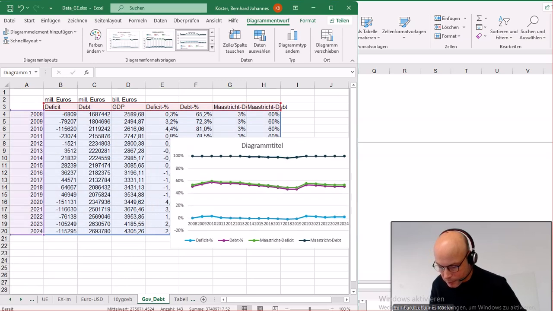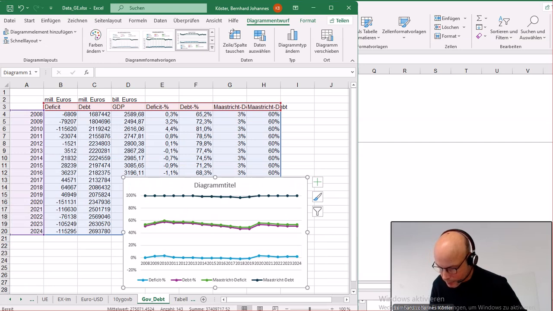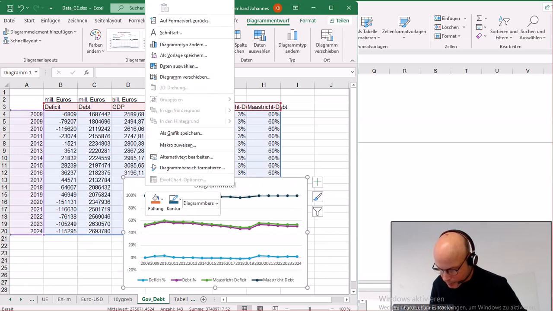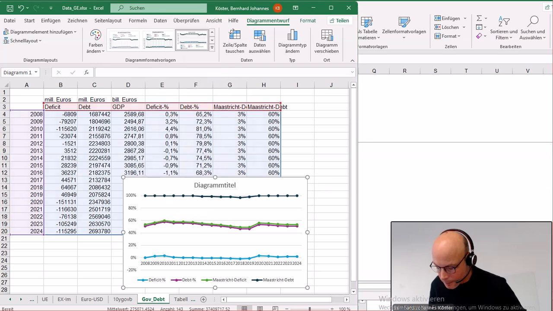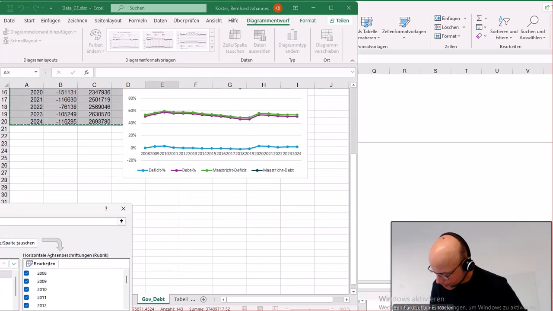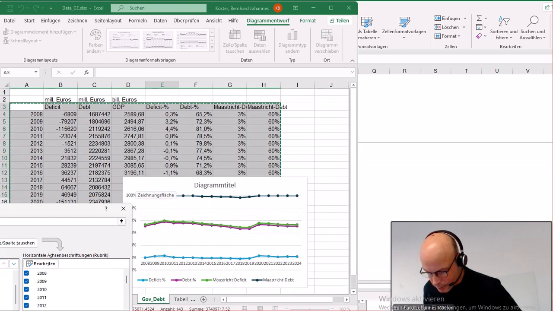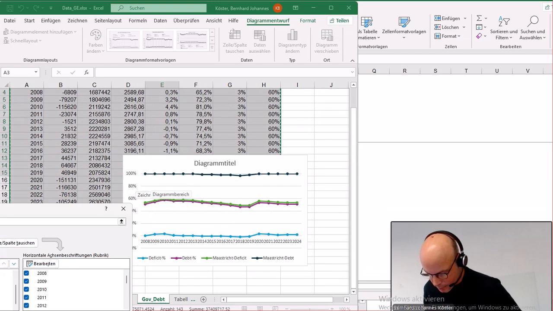No. Something in the representation is wrong here.